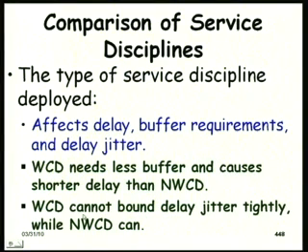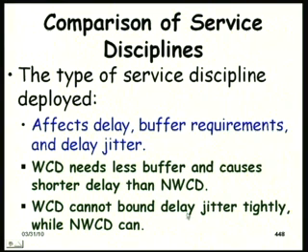Another claim we are making here is that the work conserving disciplines cannot bound delay jitter to any requirement, whereas the non-work conserving discipline can. What about this? The work conserving discipline cannot bound delay jitter to any agreed quantity. So, the delay jitter can become very high, while a non-work conserving discipline can bound the delay jitter.